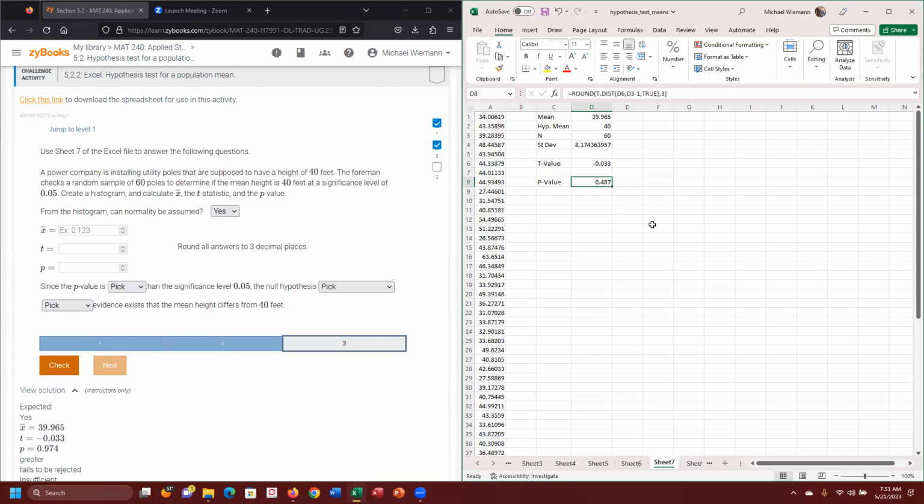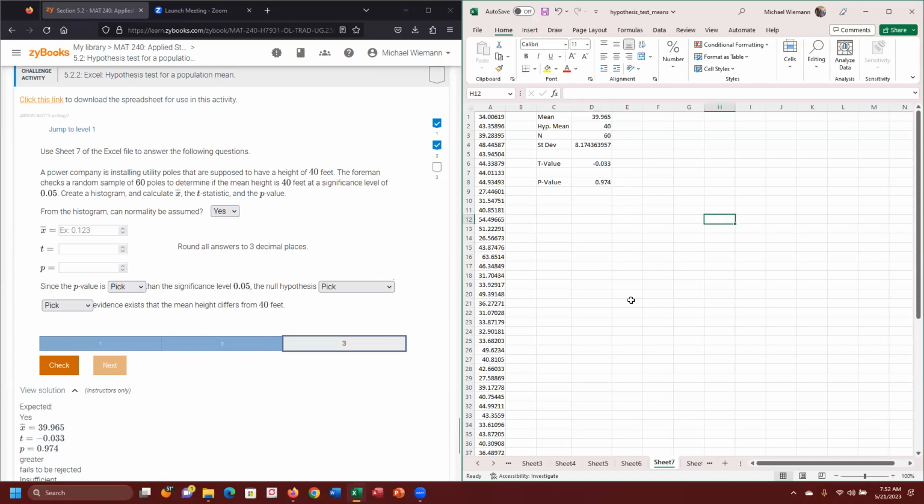For a two-tailed test, we have to double the p-value because a rejection region exists both in the left tail and the right tail. For that reason, now we've got the correct p-value. So that formula had to be slightly modified for this third problem because of the equal, not equal relationship.